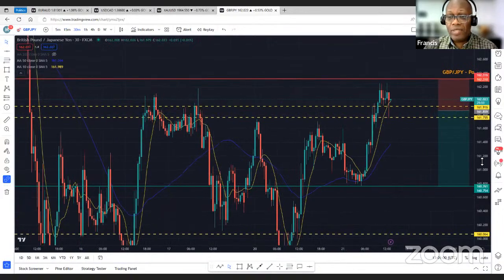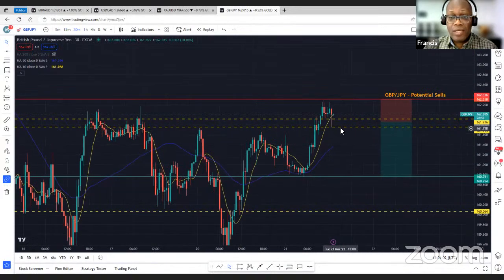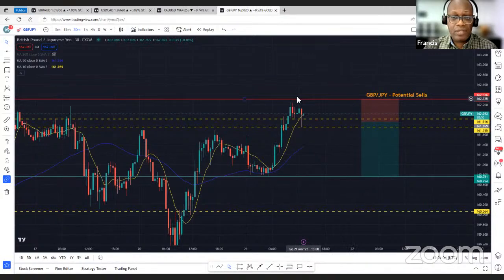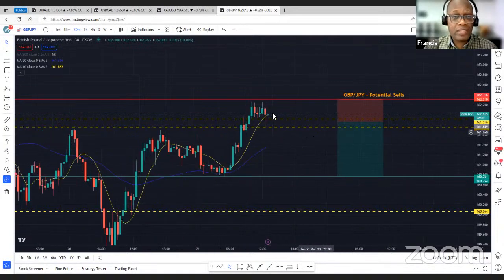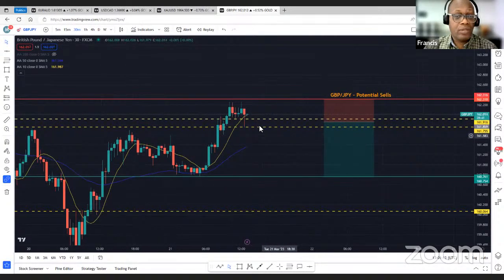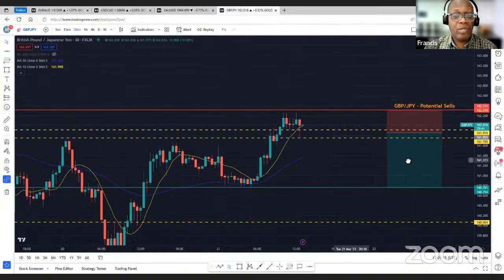So basically, the way I'm looking to trade this is, if it breaks above this previous high, I will be looking to buy. If it breaks below this previous candle, I'll be looking to sell.